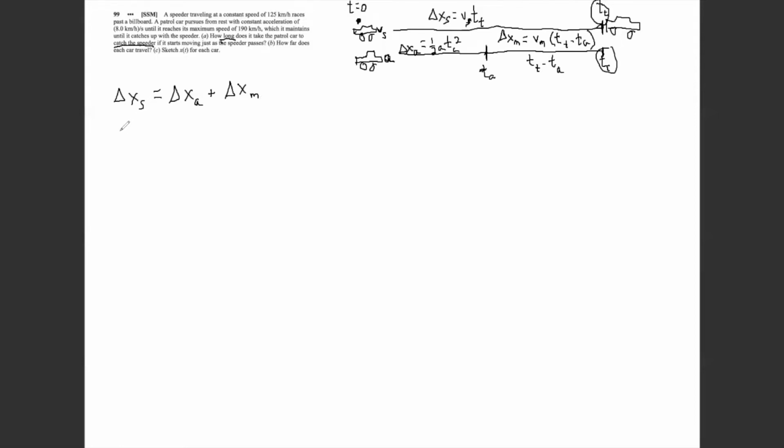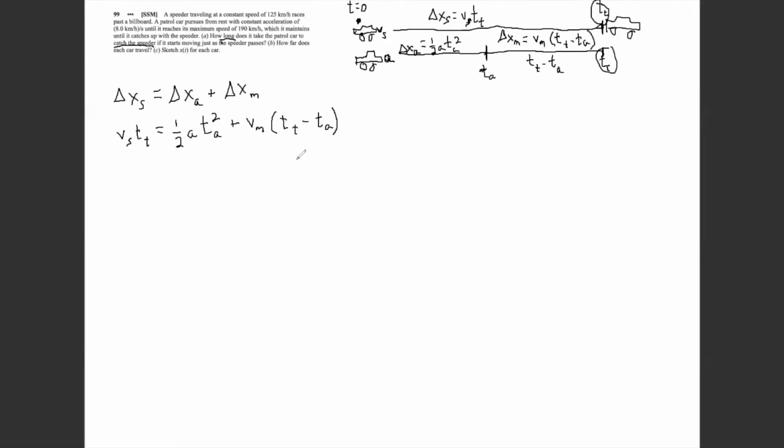That gives us this general relationship: Vs TT equals 1/2 A TA squared plus Vm times (TT minus TA). And we're trying to solve for TT.